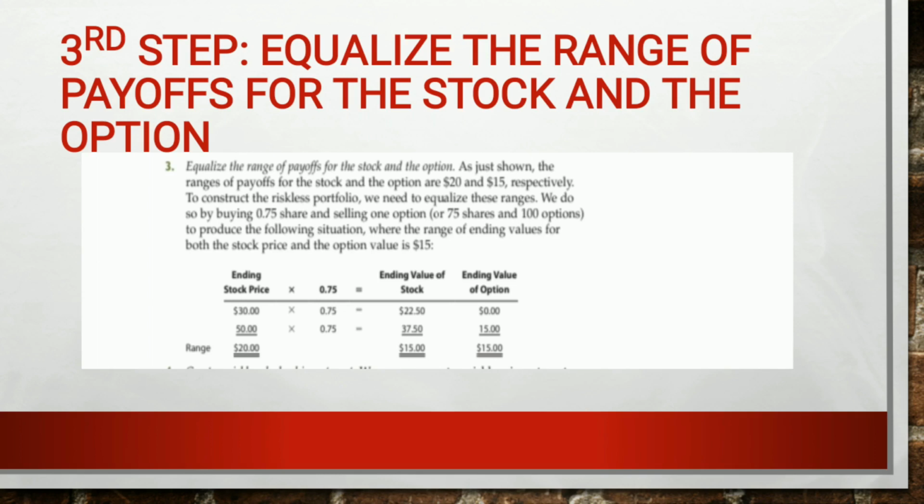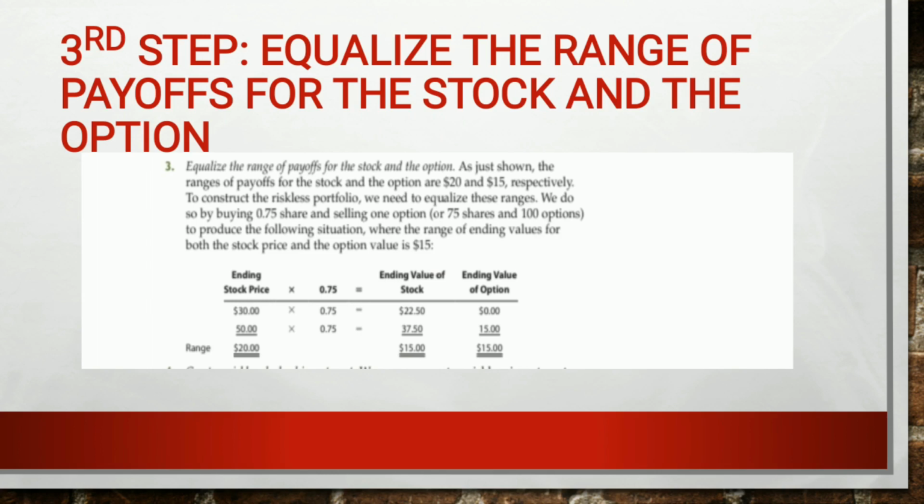So in this step, we came up with the ending value of stock. We deduct 22.50 from 37.50, so we come up with 15, which equalizes the total ending value of the option, which is 15.